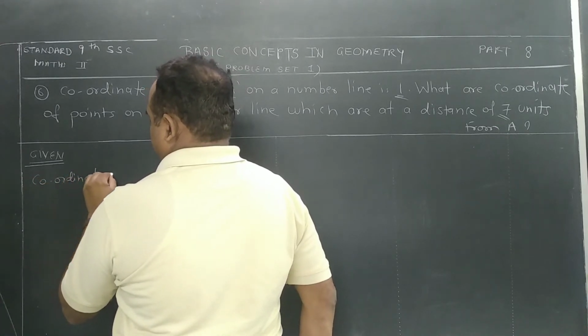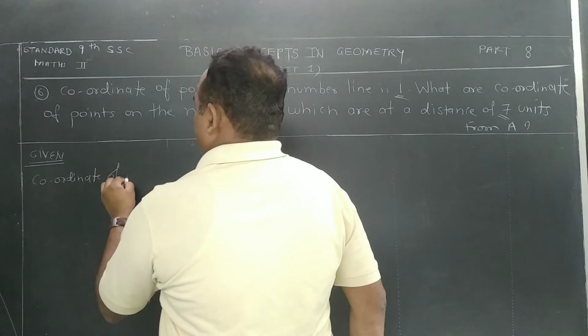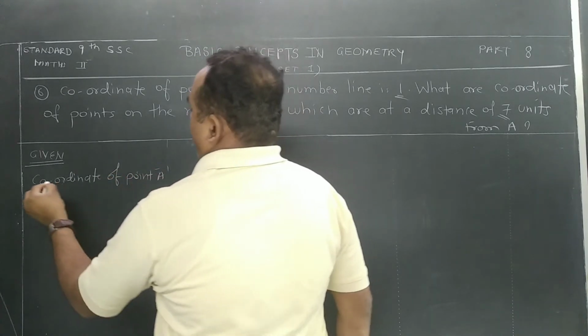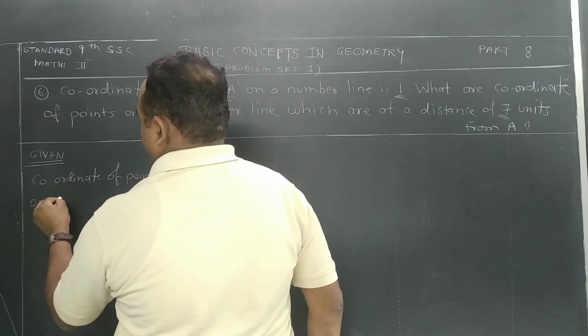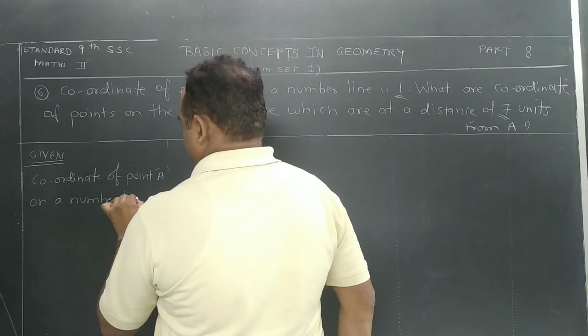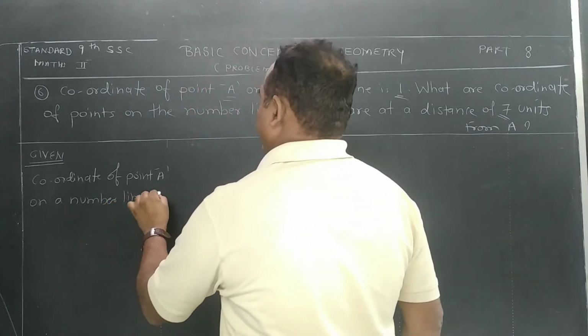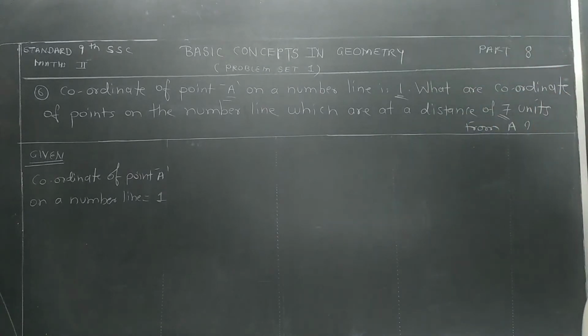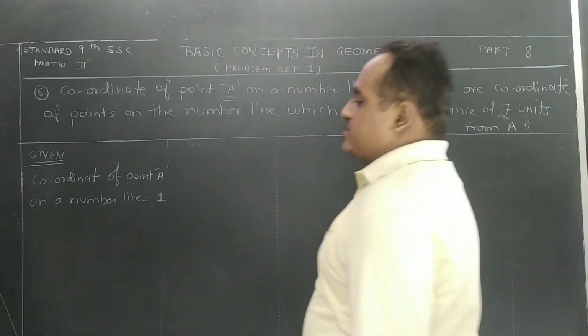The coordinate of point A on a number line is equal to 1. What is the coordinate of point A? It is 1.